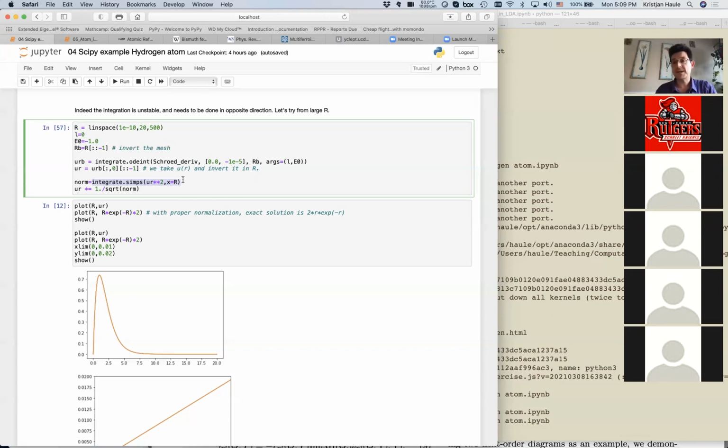Now, the Romberg method is slightly better than Simpson, but the trouble with the Romberg method is that it requires exactly 2 to the power of n plus 1, where n is an integer, sample points in a linear mesh. Now we have 500 points in the linear mesh, which do not obey this. So we would need to make sure that we use 2 to the power of n plus 1 if we want to use Romberg.